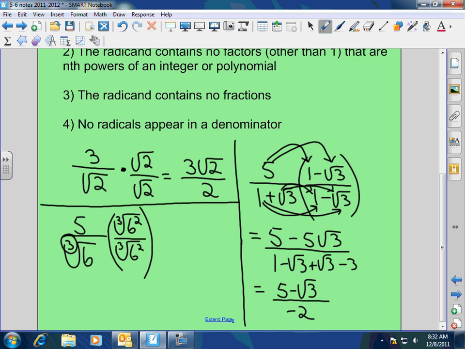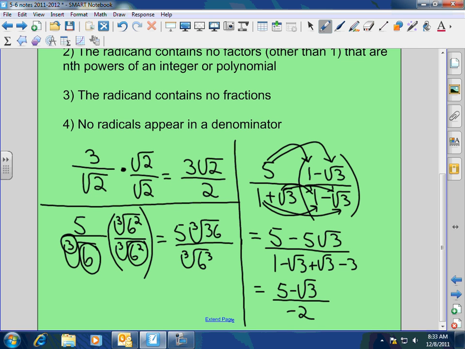Well, because I have one 6 inside of radical 3, so I need another 2 6s inside the radical 3, so that when I multiply, I get the following. 5 times cube root of 36 over the cube root of 6 to the third.